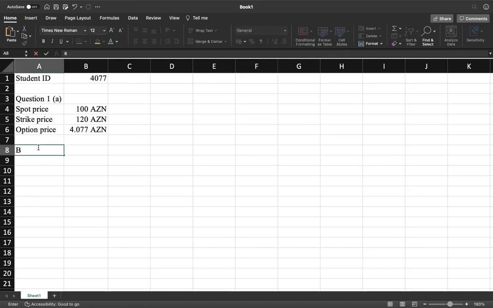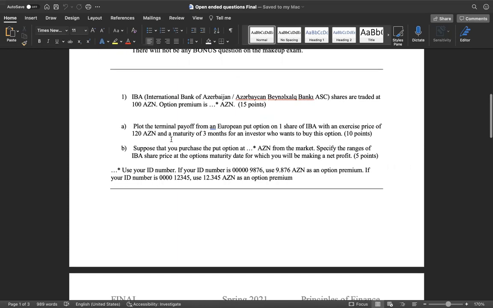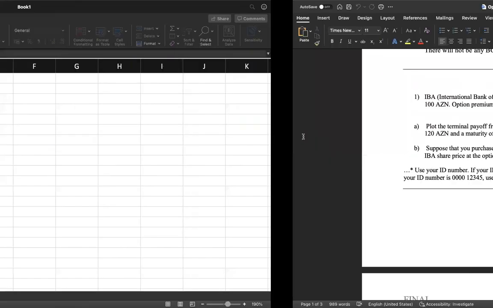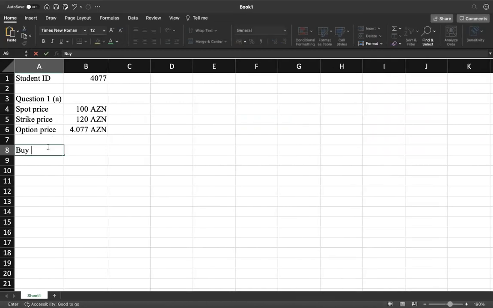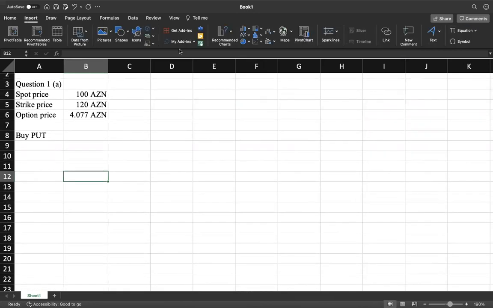So our option is a buying put option, a European put, for the investor who wants to buy this option. So, buying put option graph. Let me draw this graph for you.